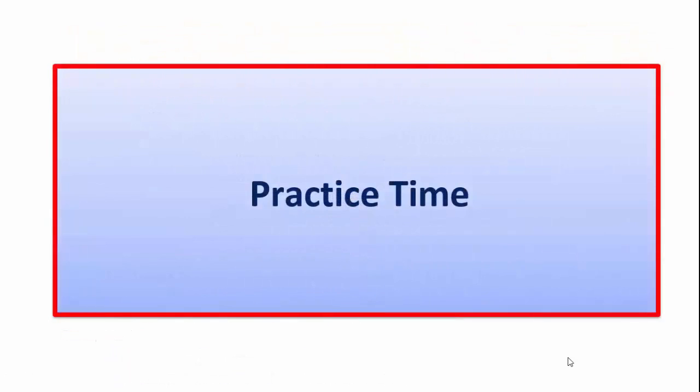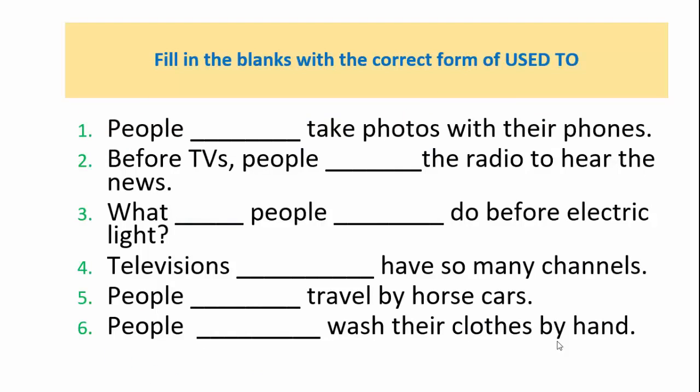Now it's time to practice. Number 1. People take photos with their phones. Number 2. Before TVs, people the radio to hear the news. Number 3. What people do before electric light. Number 4. Televisions have so many channels.